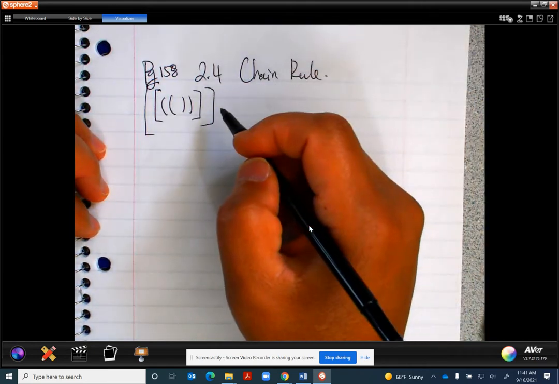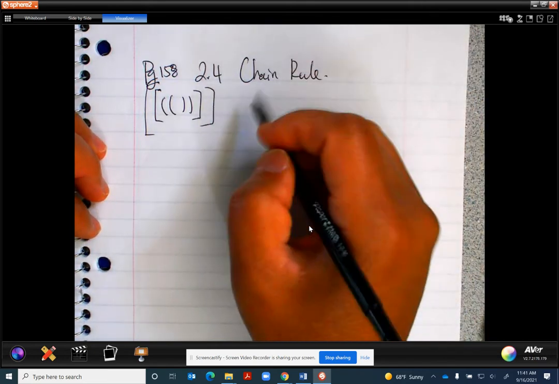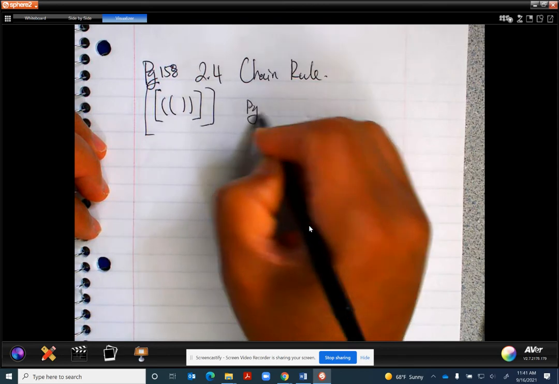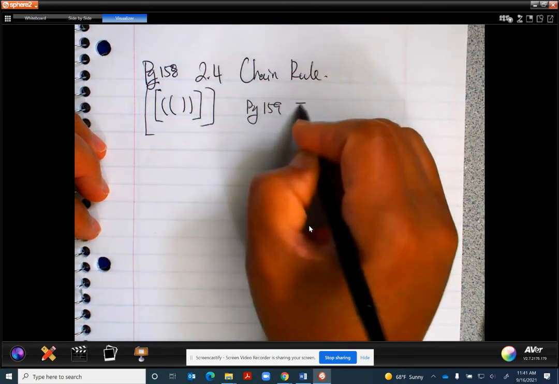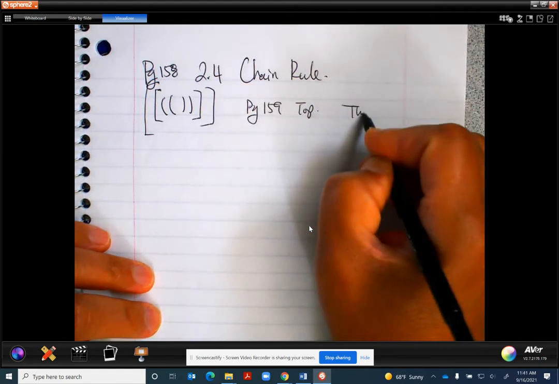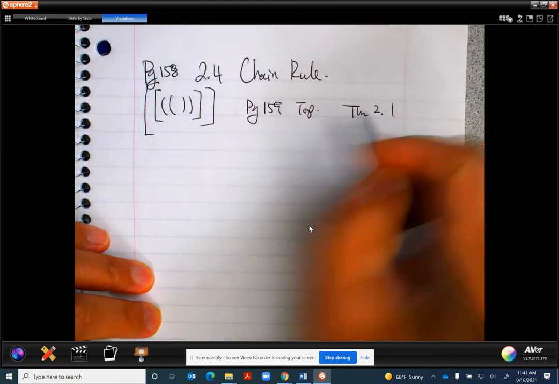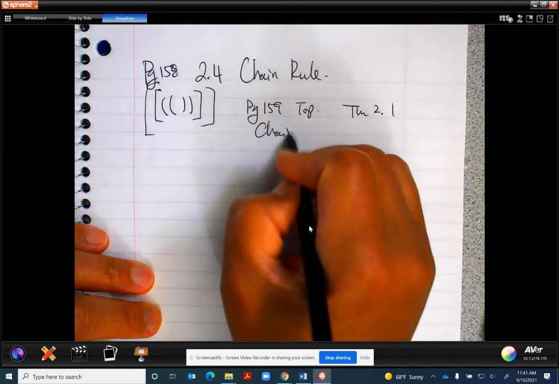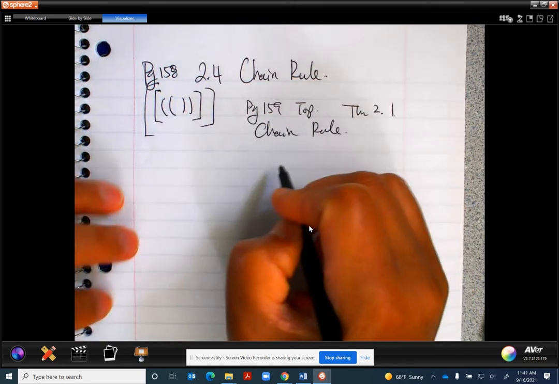So the formal definition is on page 159 on the top. Okay, if you go to page 159, it says Theorem 2.1. Do you see it? It says the chain rule. They give you a different form.